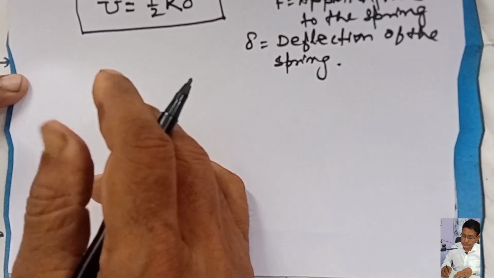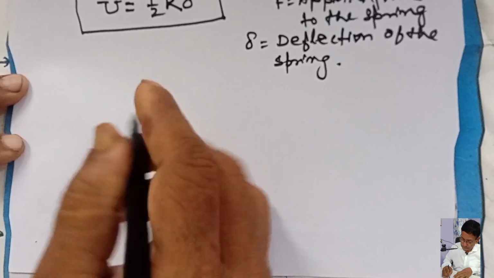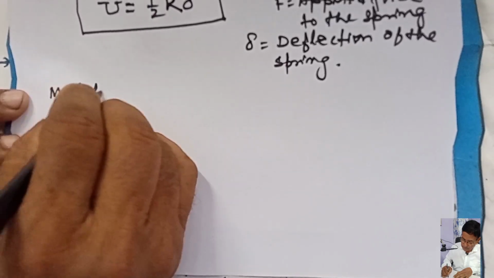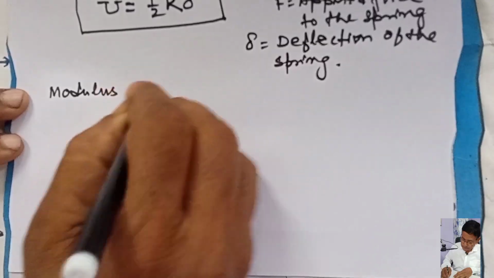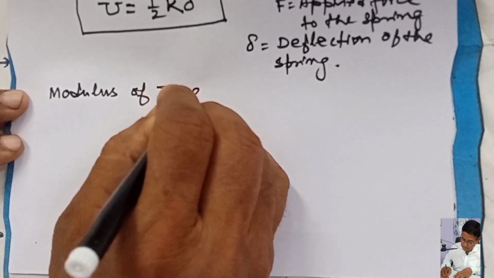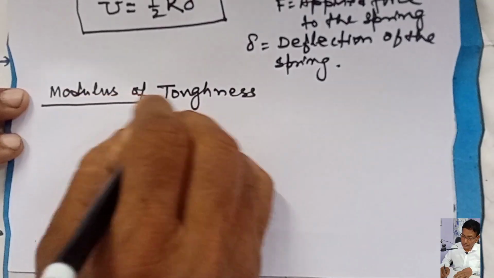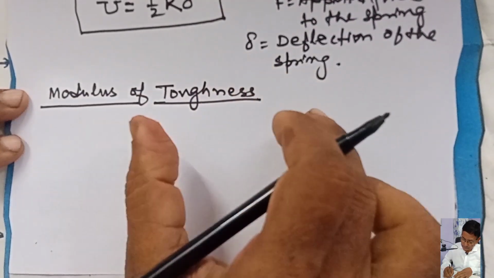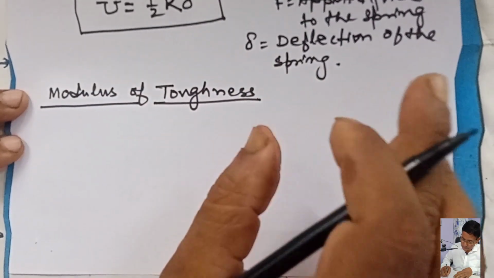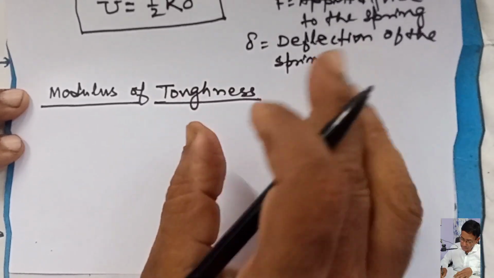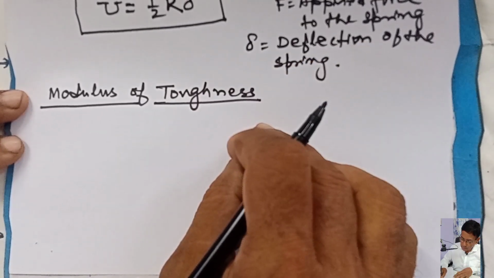Now, modulus of toughness. The modulus of toughness indicates the total energy that can be absorbed by the material per unit volume up to the point of fracture.